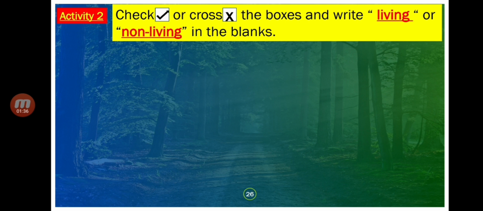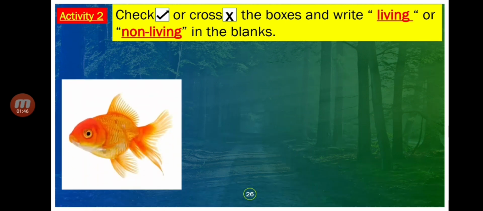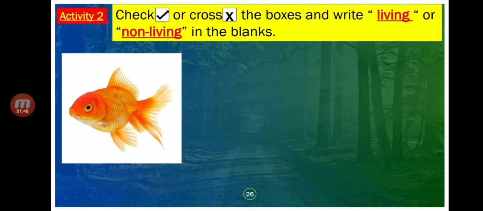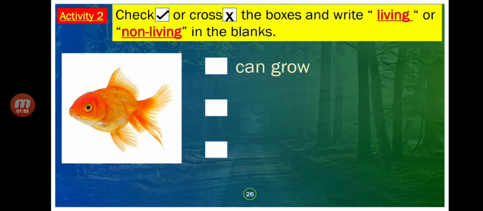You are going to cross or check the boxes and write living or non-living in the blanks. For the first one, do you know what this is? It's a fish. A fish can grow, check or cross? What do you think is the answer? Very good, it's check. You put check inside the box.